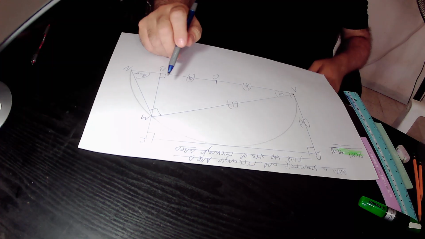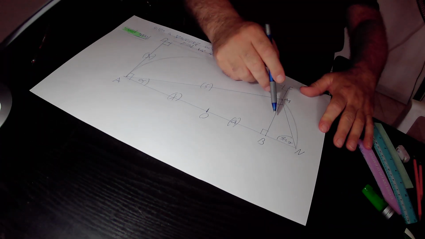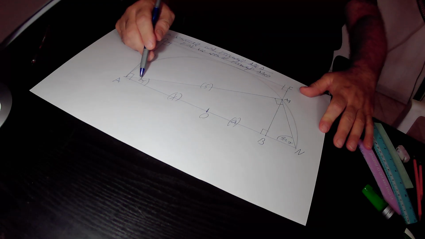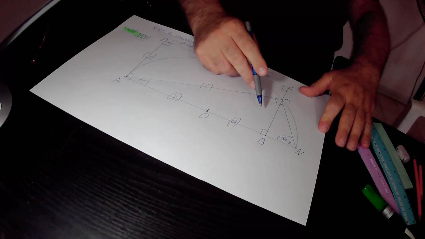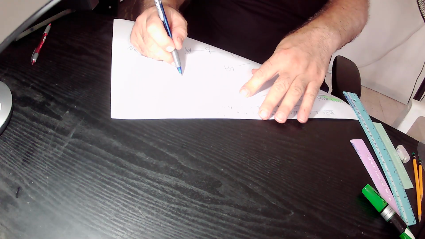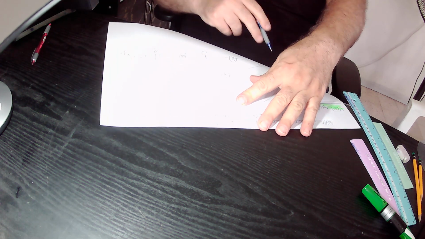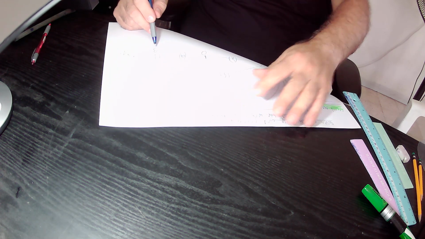Okay, likewise, we focus on this right triangle AMB. In this right triangle, this angle equals alpha, this angle equals 90 degrees, and therefore this remaining angle must be equal to 90 degrees minus alpha. We are talking about angle AMB.